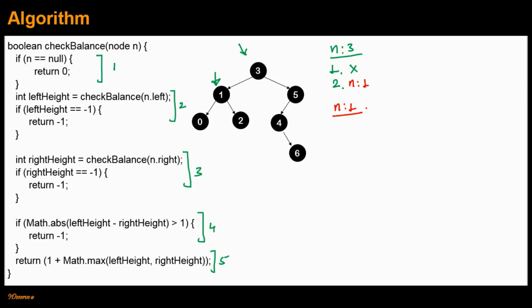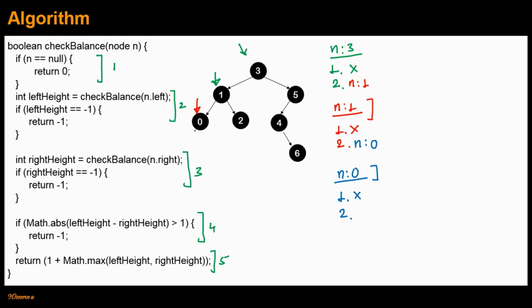So while checking if the subtree rooted at node 1 is height balanced or not, the first step will have no effect because it is the base case. In the second step, we check if the left subtree, which is rooted at node 0, is height balanced. In this call sequence where the current node is 0, the first step will have no effect. In the second step, we check if the left subtree is height balanced.